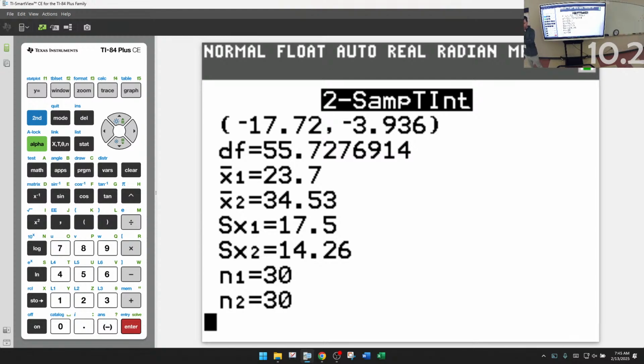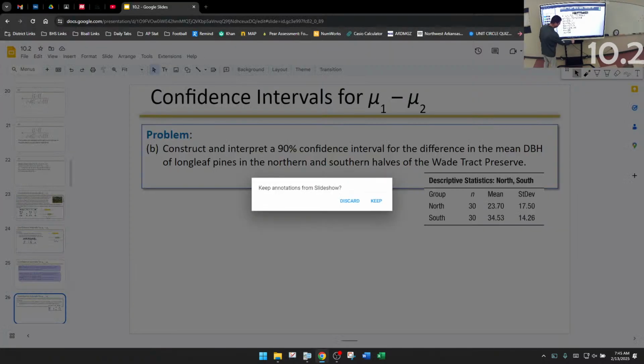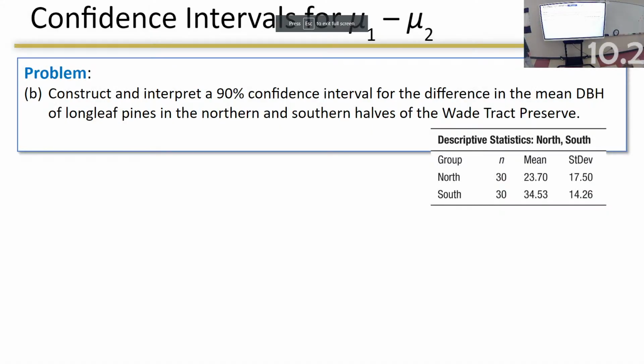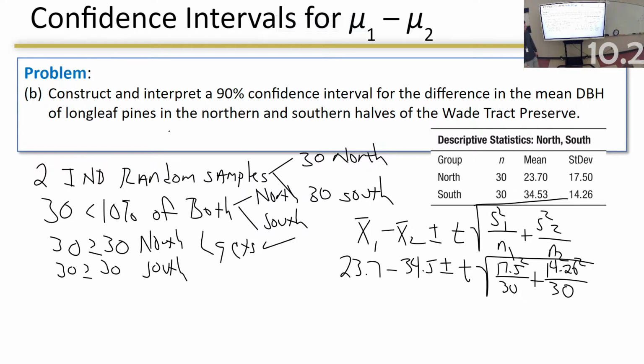If you don't like that, switch everything and it'll be positive, probably +3.9 to +17.7.